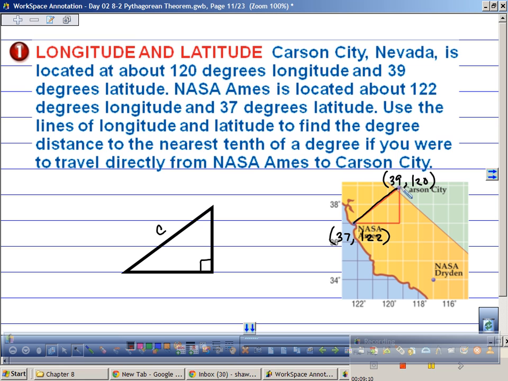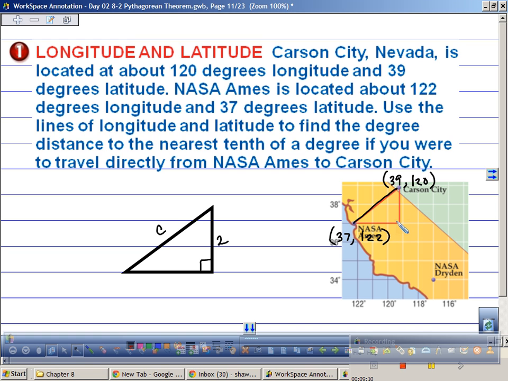So how far did I have to go? Let's talk about longitude. So from NASA, if I was over here in the corner, how far would I have to go up to get to Carson City? Everybody see that? From 122 to 120, I have to go 2. Everybody see that? What about going from here all the way over here on latitude?